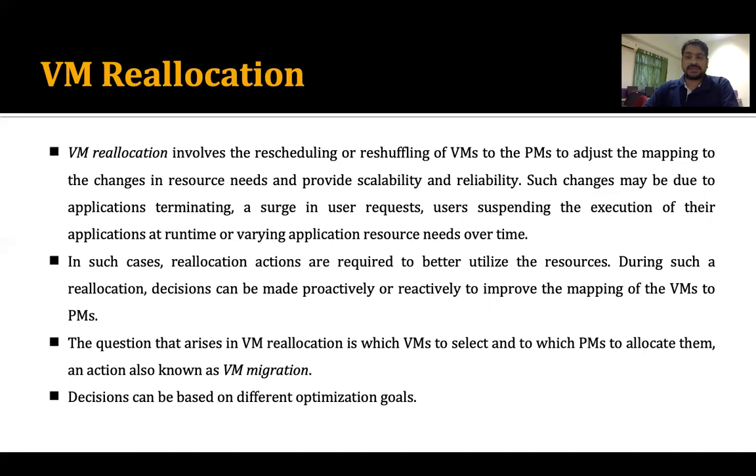At that time, changes have occurred in the virtual machine. So again, we have to provide a physical machine for the changed virtual machine. That may also be the case. So all these are the situations when we need virtual machine reallocation.